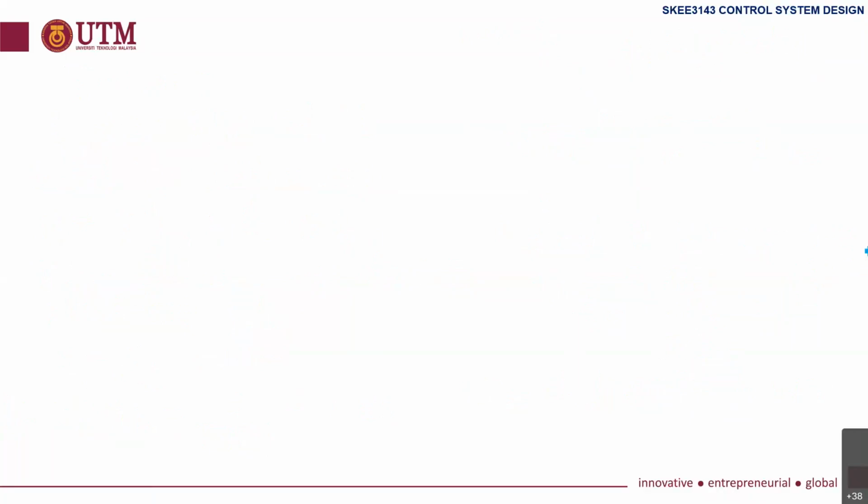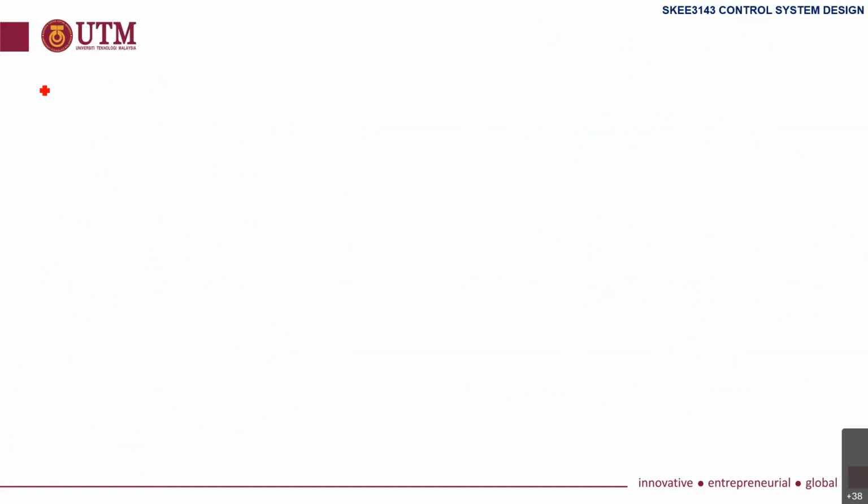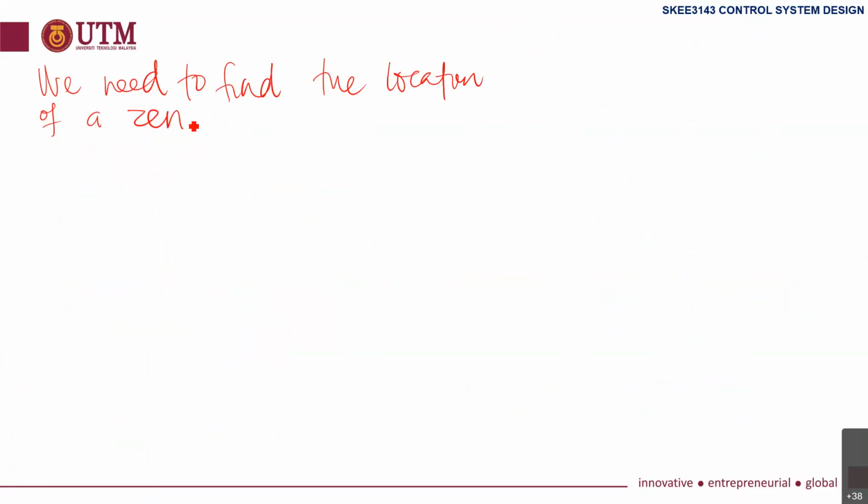Okay, now come to the last part in which we need to find the location of a zero. As we know, we want to add a controller.